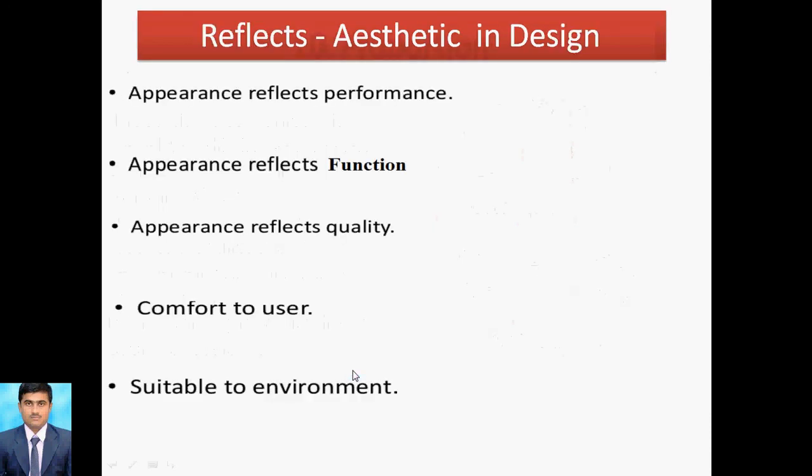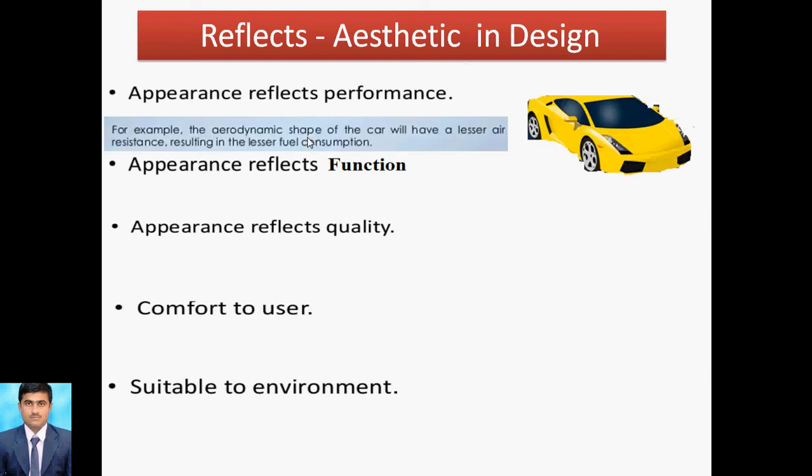The next is the reflection of aesthetics. First is that appearance reflects performance. For example, when we provide an aerodynamic shape on a car, it will have less air resistance and require less fuel consumption. That is performance reflected by appearance.